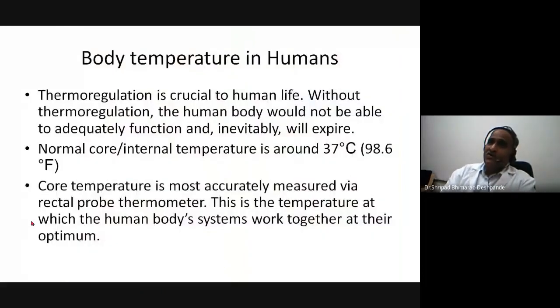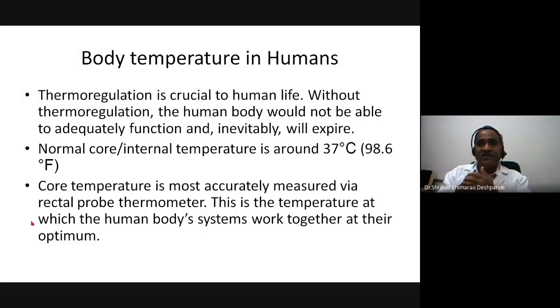So what is the normal body temperature in human beings? Nowadays, if you come to AMSR, every day you will be scanned for your body temperature, because when we enter the college, they take our body temperature with an infrared gadget.